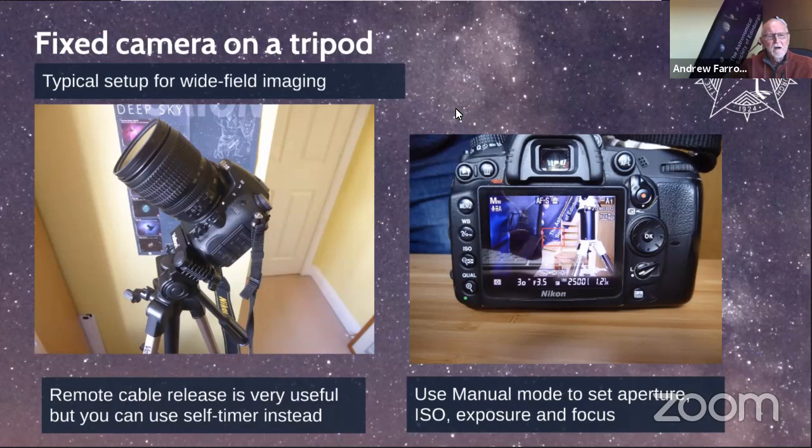A remote cable or a remote release is useful. I have a wireless remote, but more often than not I use the self-timer on the camera. This avoids any camera shake, and gives it time just to settle down and take your image.